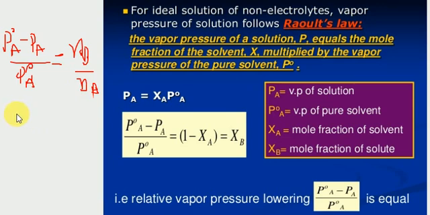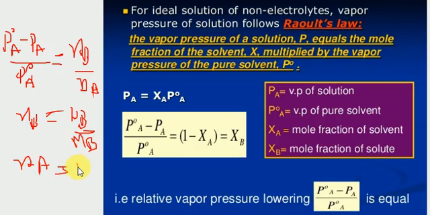Clear? So how will you get the NB value? The number of moles of B is nothing but the weight of solute B divided by the molecular weight of solute, MB. And NA is equal to the weight of A divided by the molecular weight of A only.